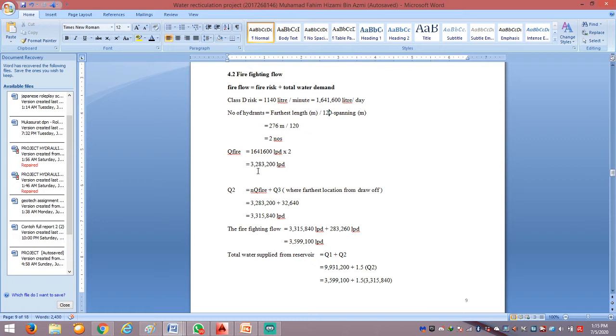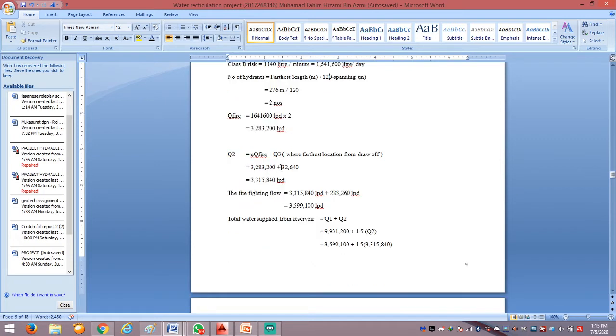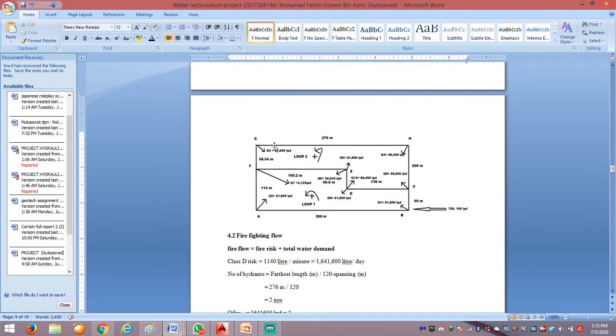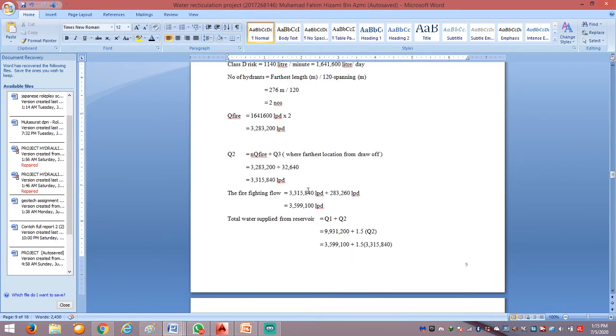After getting the Q fire, I can calculate the Q in, where Q fire is added to the Q out. The farthest point I choose is Q3 here. So I get the Q in for firefighting flow.